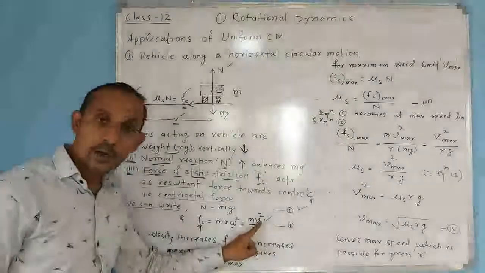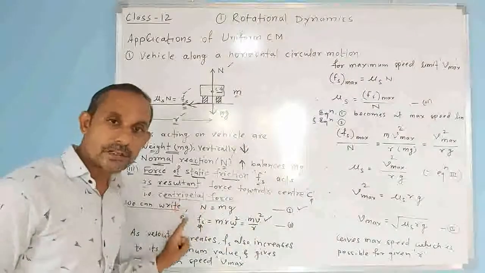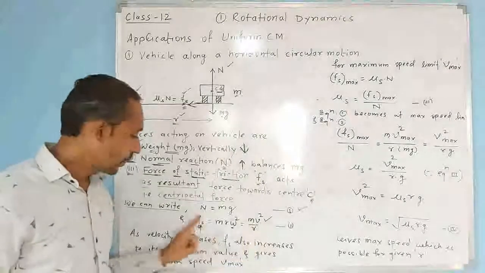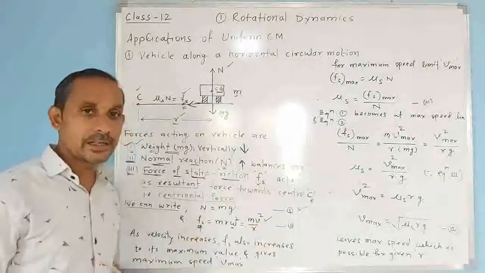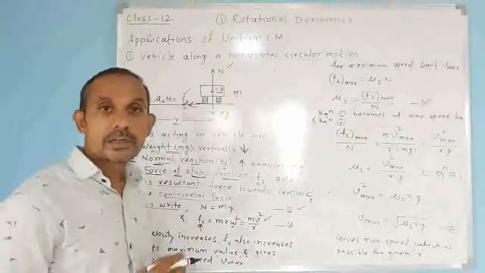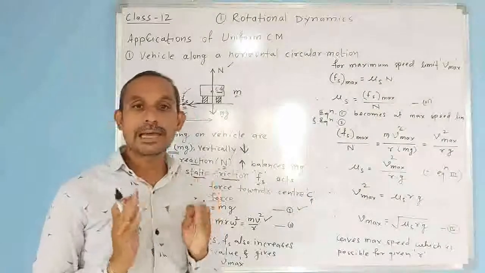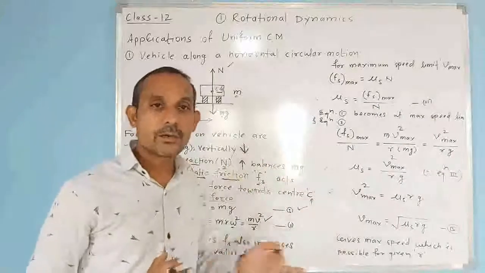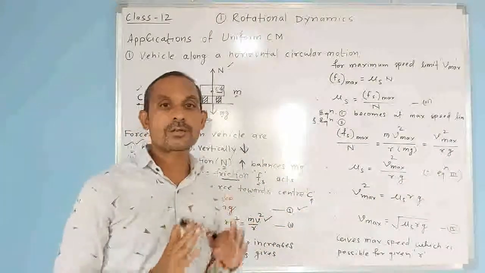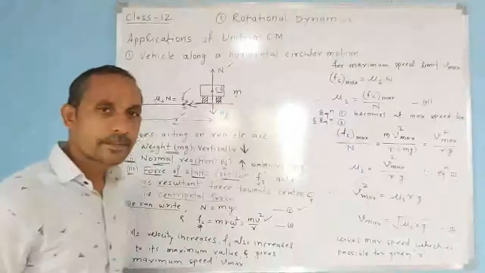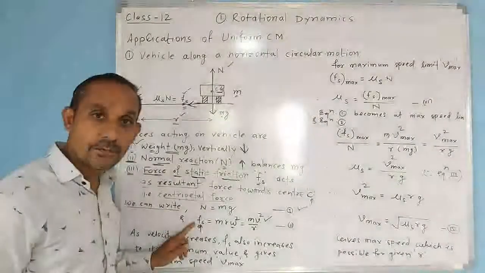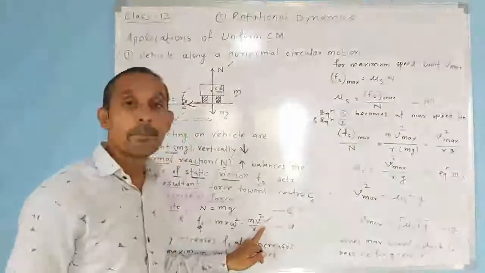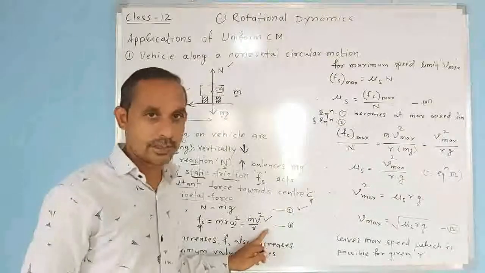As the velocity increases, the force of static friction also increases, but the force of static friction has a maximum limit beyond which we cannot increase it. As there is a limit for the force of static friction, there is a corresponding limit for the maximum velocity.